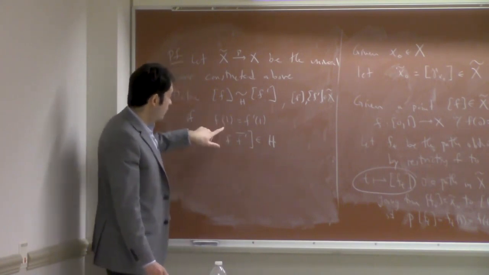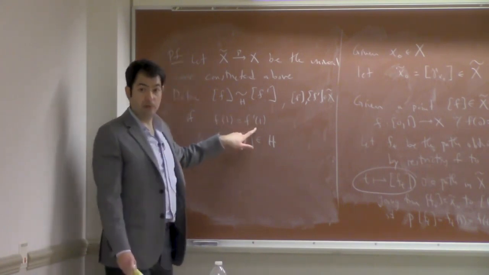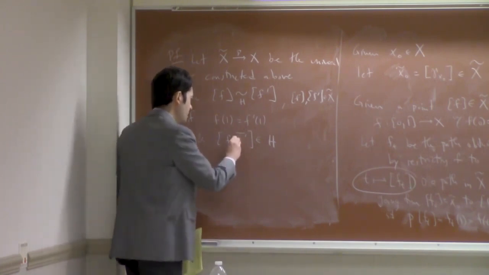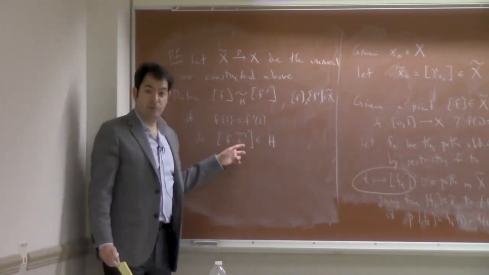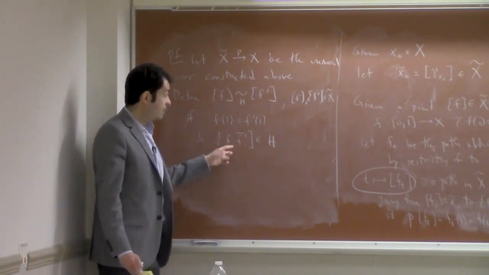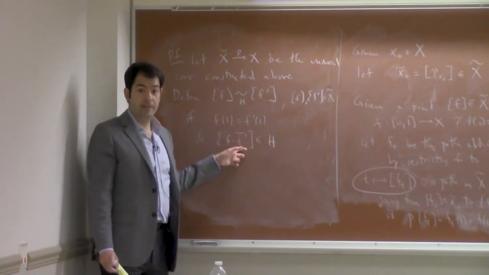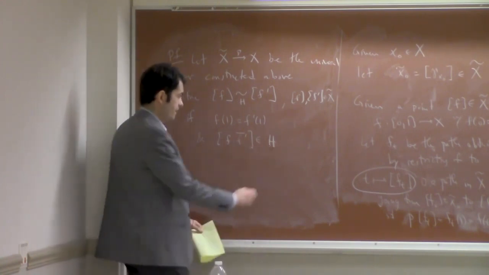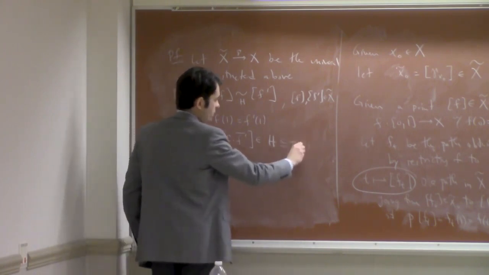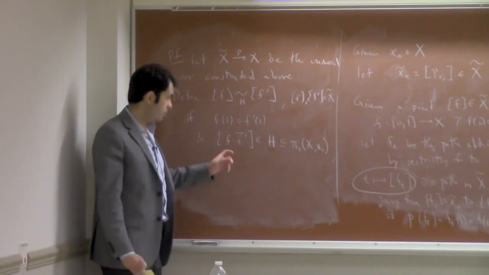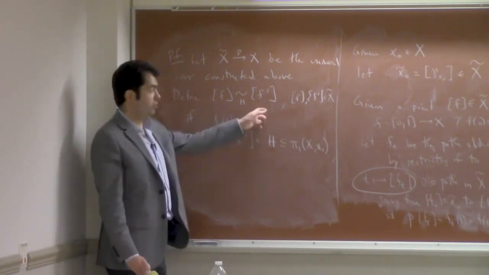So here we're asking that they have the same right endpoint. And so that lets you concatenate one with the inverse path of the other one. And so that's going to give you a loop at X naught. And we're demanding that that loop be inside H, which is a subgroup of pi 1 of X, X naught. Okay? So if that happens, we'll say that these are equivalent.